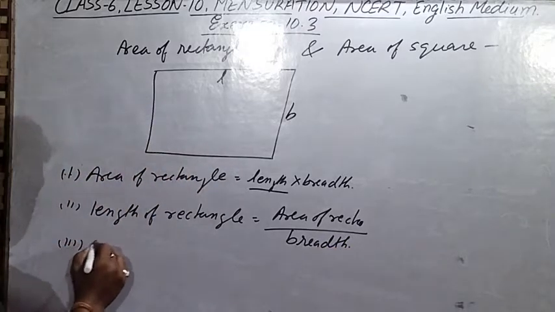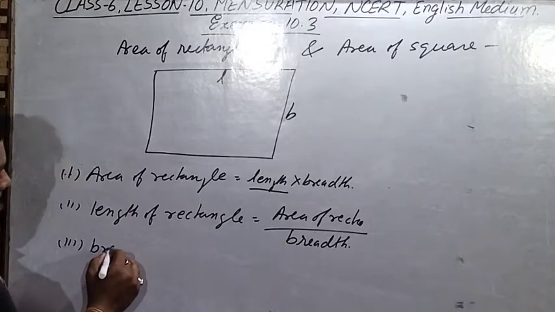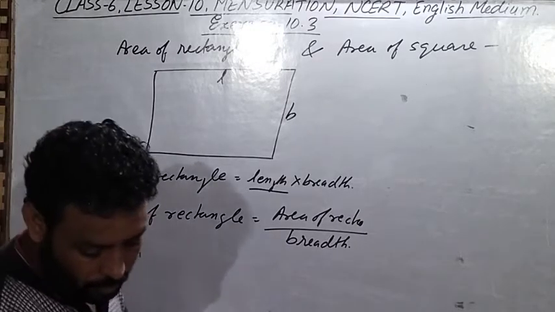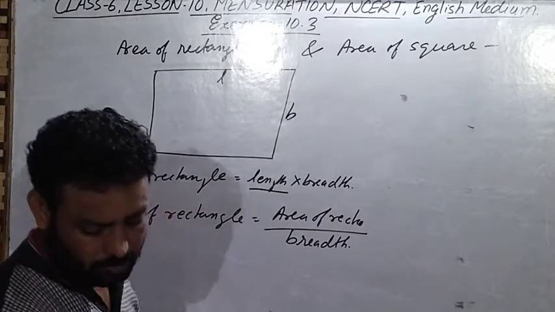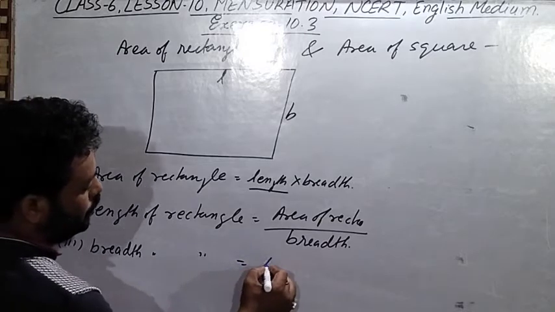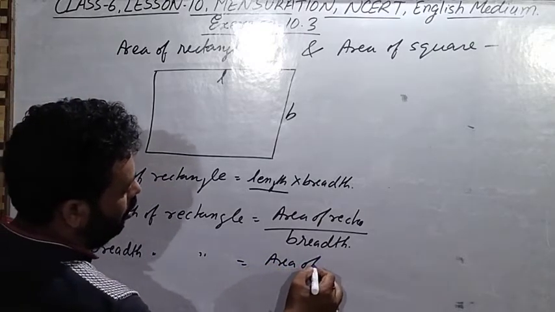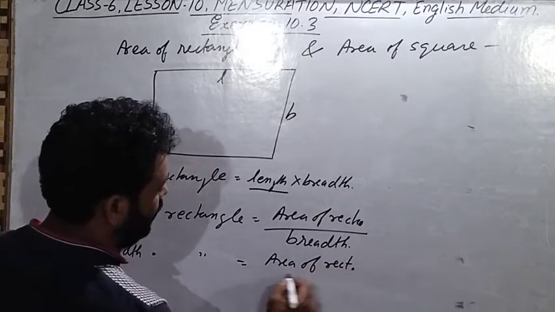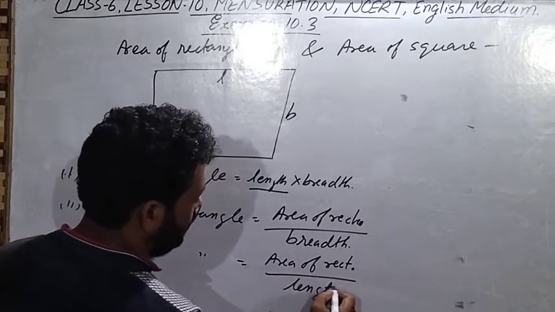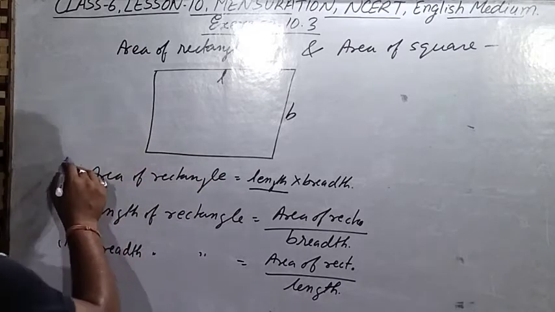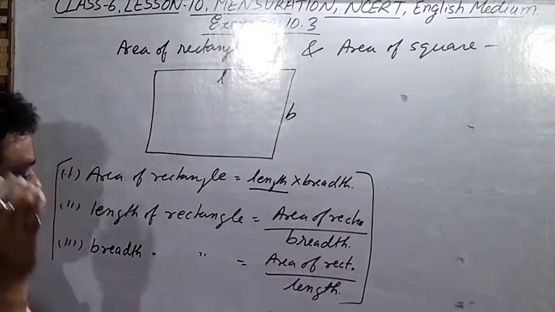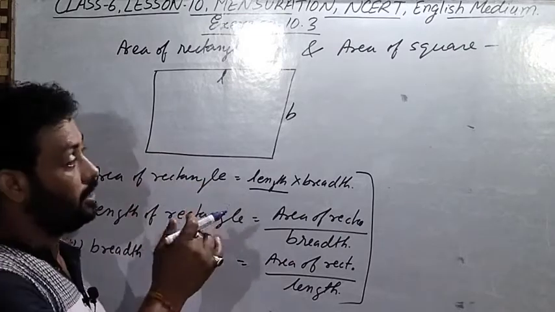Third formula is for finding breadth: breadth of rectangle is equal to area of rectangle divided by length of rectangle. These three formulas are required for doing exercise 10.3 for rectangles.